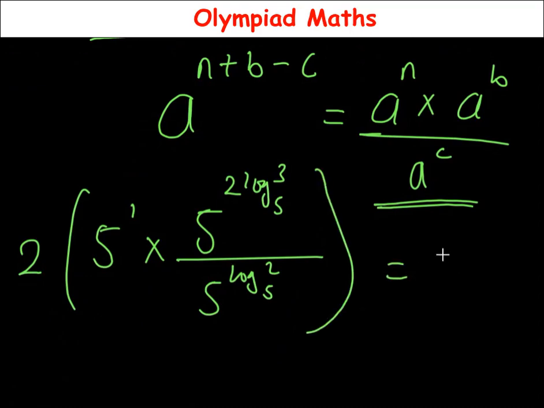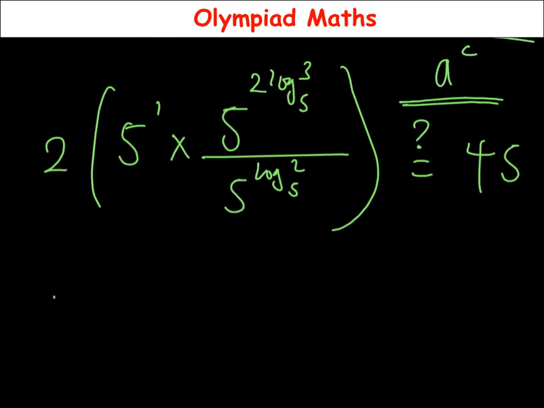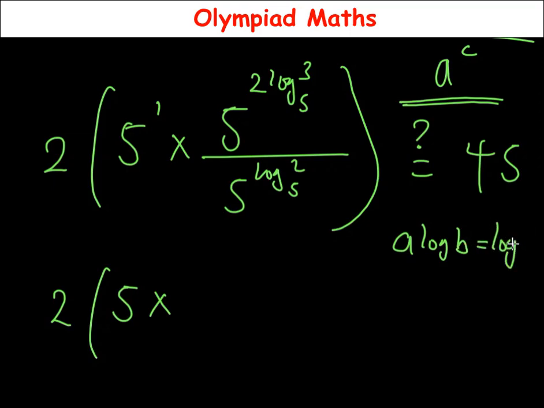Is this equal to 45? Now solving this further, we have 2 into brackets 5 power of 1, which is 5, times. Now at this junction, if you have a times log b, this can be written as log b raised to power a.